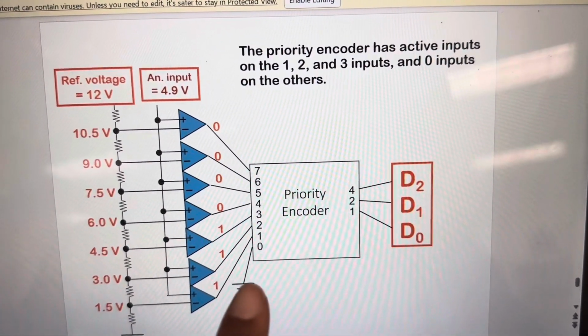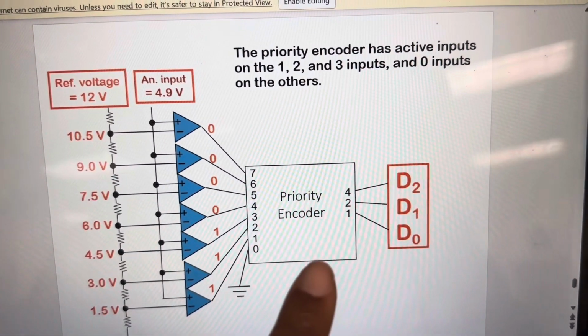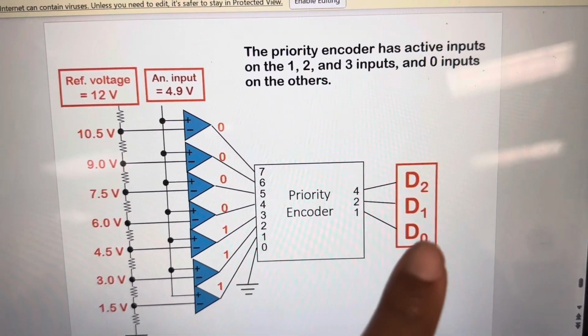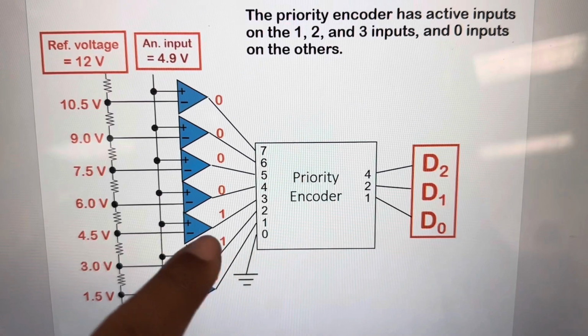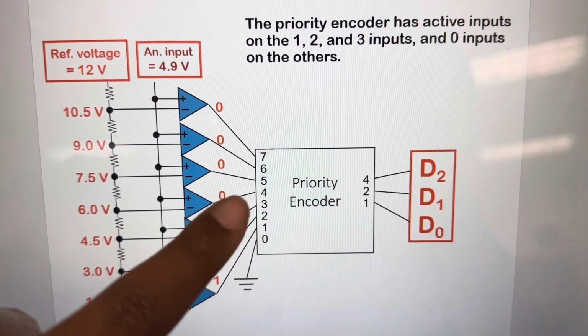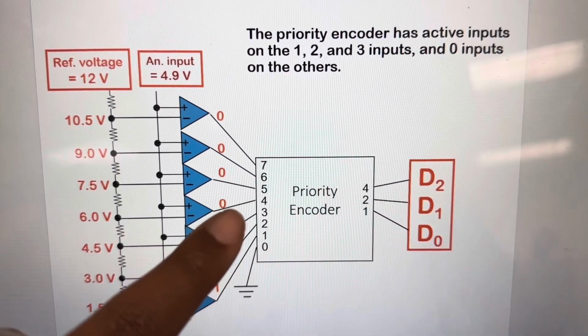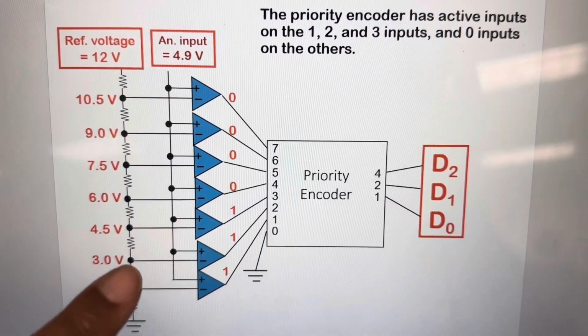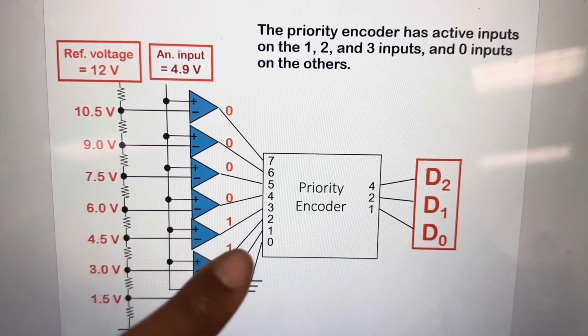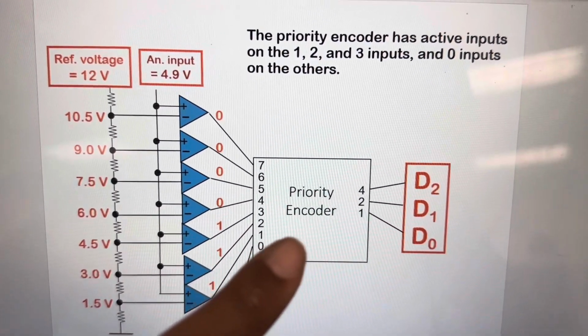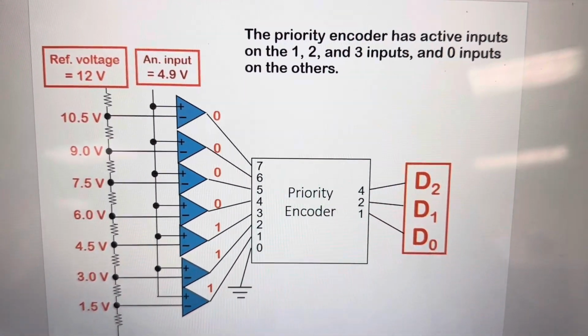But which output does the encoder read for its output? Well, 3 is the highest, most significant output out of these 3 voltages. So it's going to take the 3 and read it as its output.